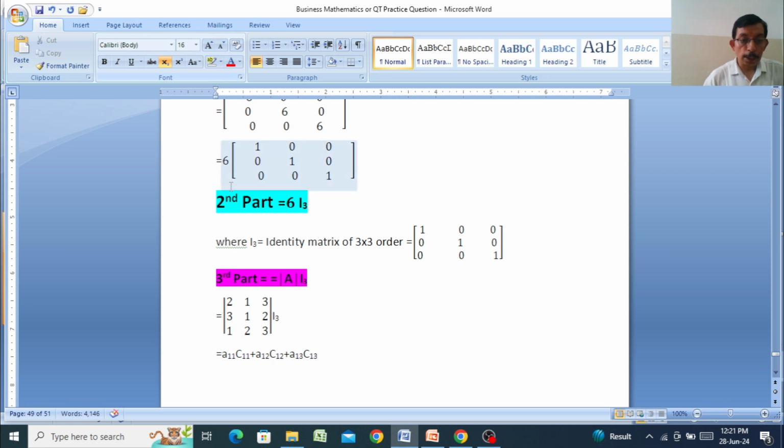This is the value of the determinant according to the first row. Into I3.